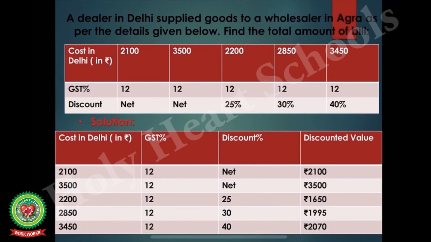So now students, we are going to calculate the discounted value of each good. Now in the first two cases, we are given the word net, that means no discount. So the cost of the first product is 2100 only, so the discounted value will also be 2100. The cost of the second product is 3500, so the discounted value will also be rupees 3500.